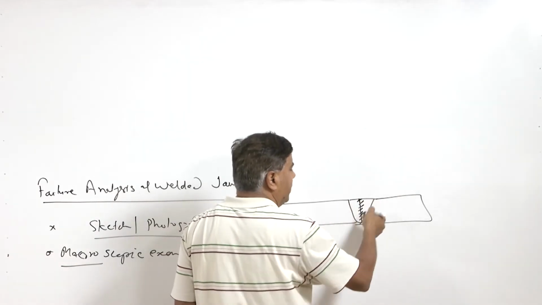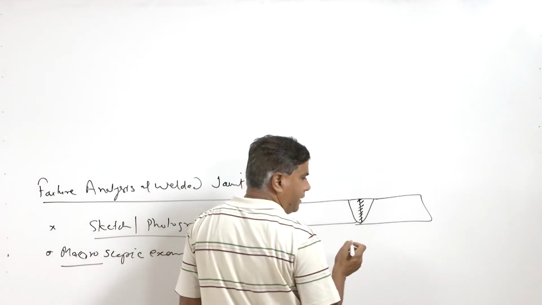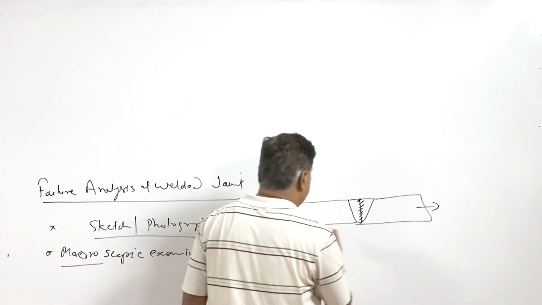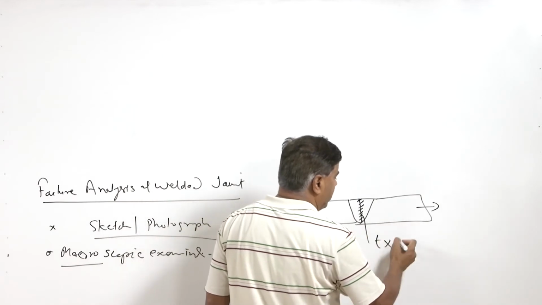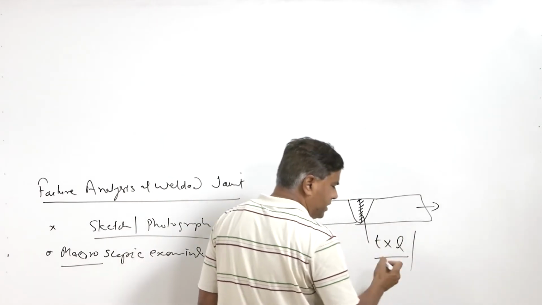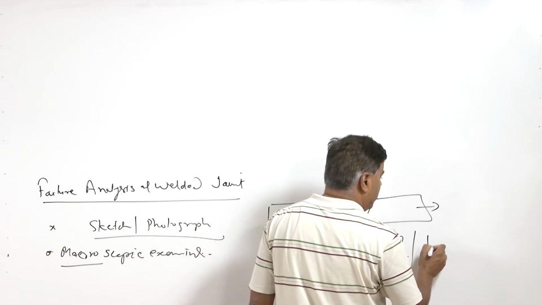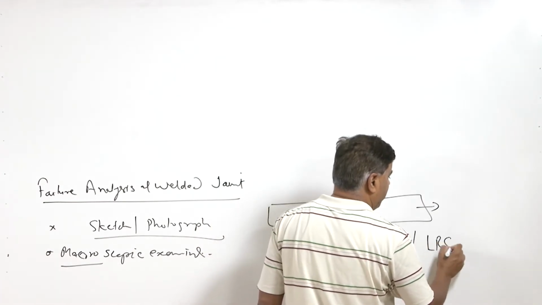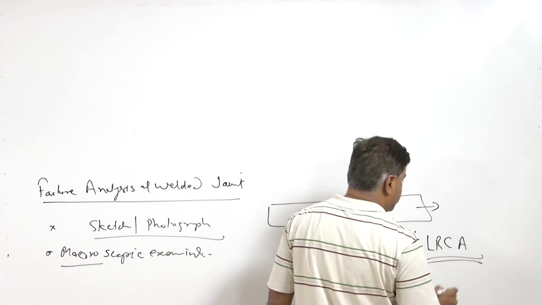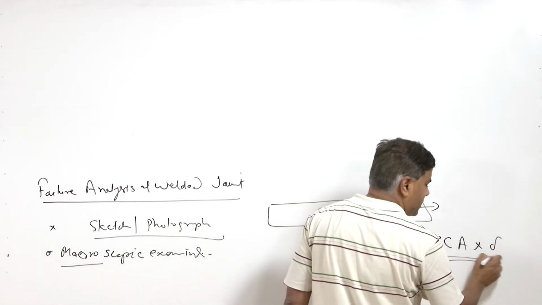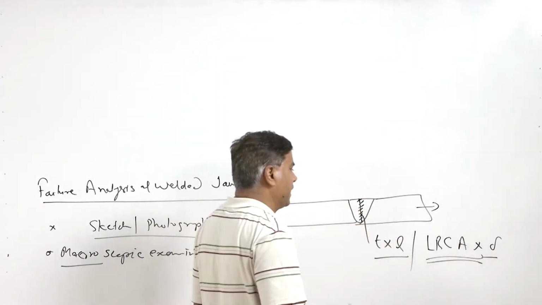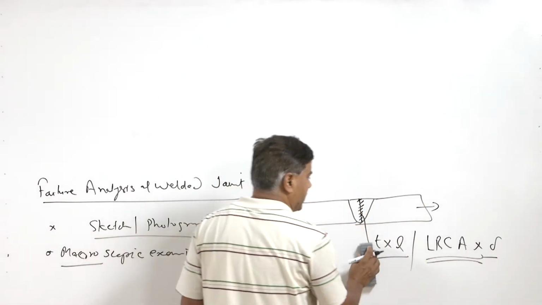and that will be determining the load resisting cross sectional area. So, the throat thickness multiplied by the length of the weld helps us in determining the load resisting cross sectional area. If the load resisting cross sectional area is available, then considering the allowable stress, we can determine the maximum service load it can take.